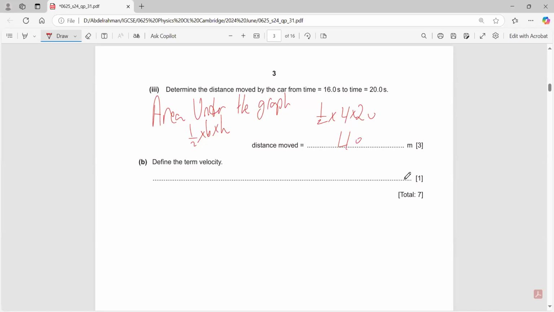Define the term velocity, which is a rather new question. We do not have many questions concerning velocity because it was added to the syllabus quite recently. It is a speed with a direction, or in a certain direction.